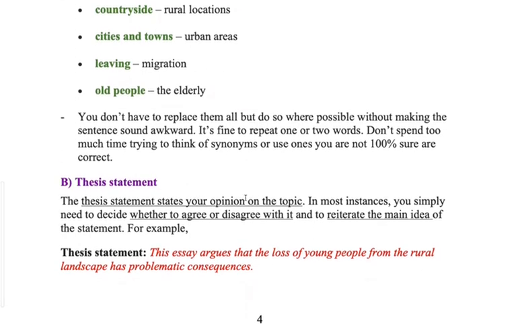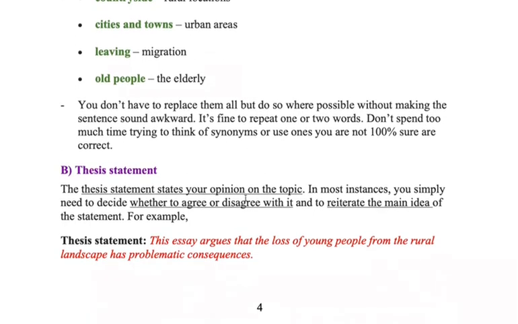So let's move on to the thesis statement, which is extremely essential here. The thesis statement states your opinion on the topic. It summarizes the main idea. So you need to decide whether to agree or disagree with the question, and then you restate the main idea again.